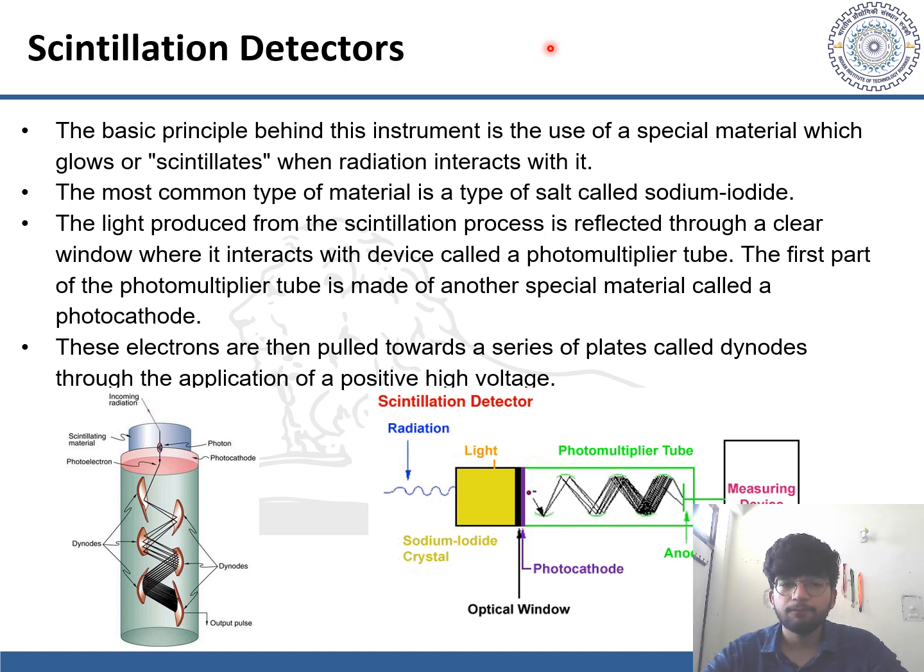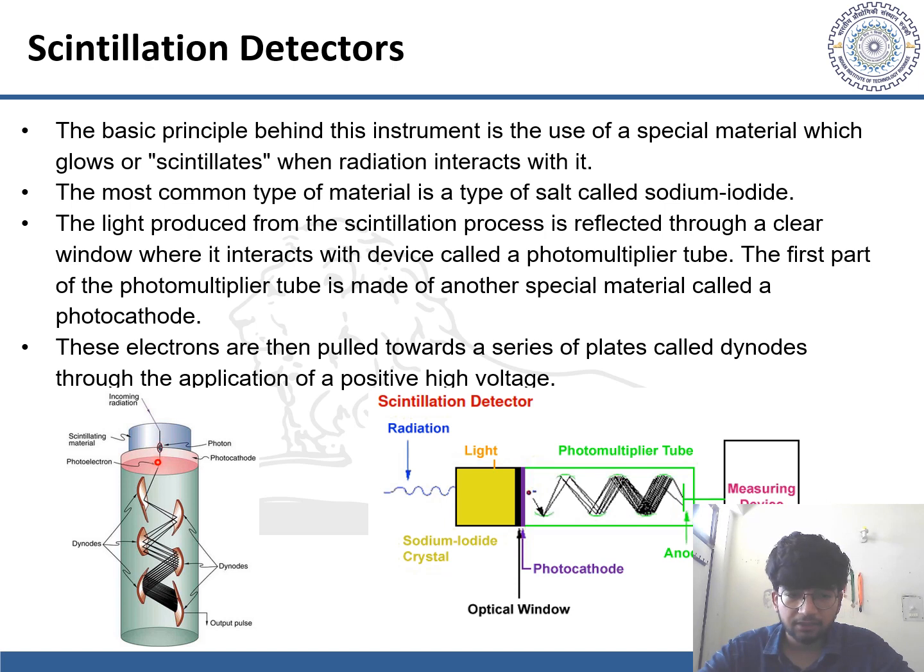When electrons from the photocathode hit the first dynode, several electrons are produced for each initial electron hitting its surface. This bunch of electrons is then pulled towards the next dynode where more electron multiplication occurs. The sequence continues until the last dynode is reached, where the electron pulse is now millions of times larger than it was at the beginning of the tube.